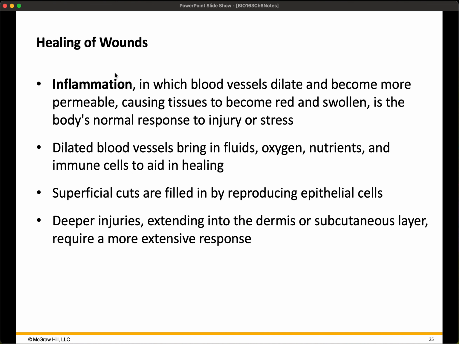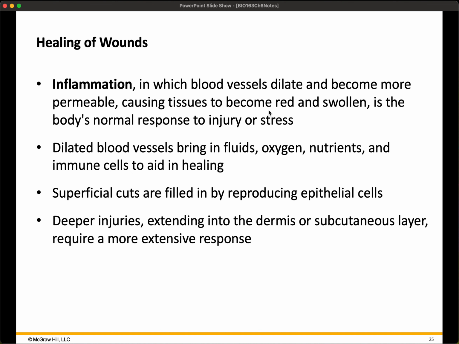So in the healing of wounds, one of the first steps is inflammation, which might seem counterintuitive when you have a wound. The reason that the blood is coming to that area is not just because you cut those blood vessels. There's also the inflammation process, which is actually sending more blood to that spot. By sending more blood and by dilating those vessels, they become more permeable, allowing more things to flow out.